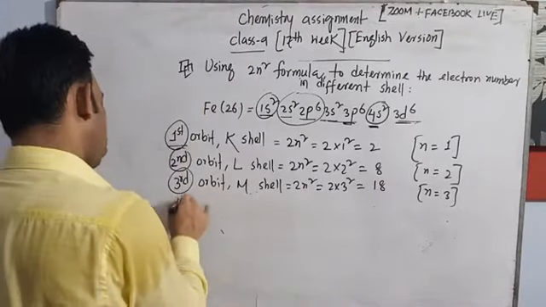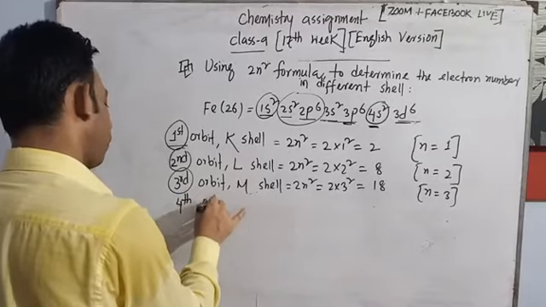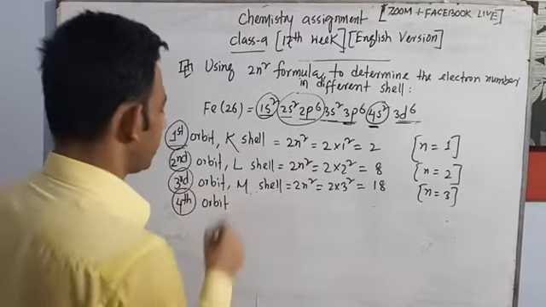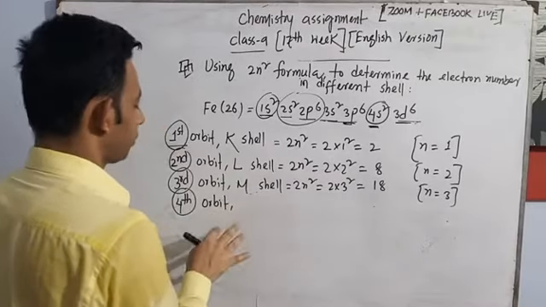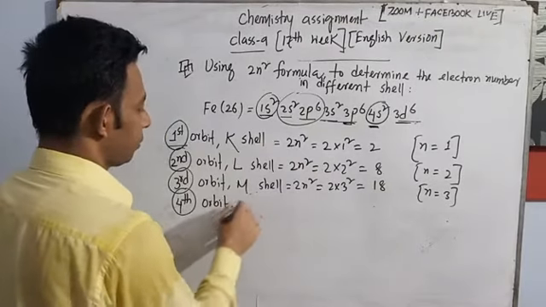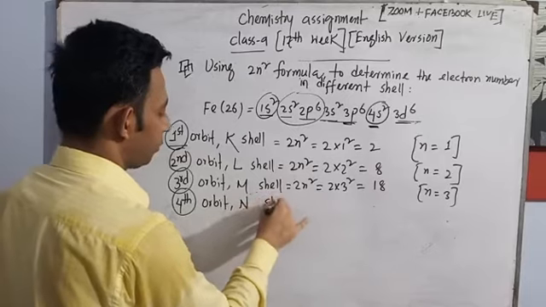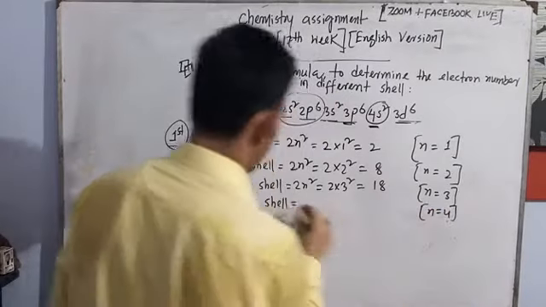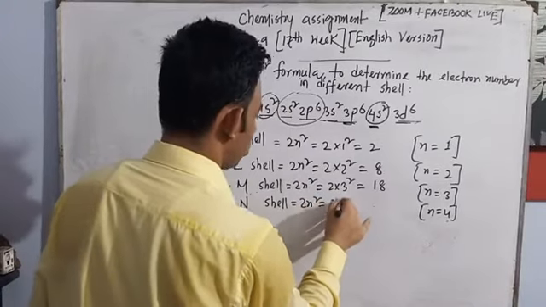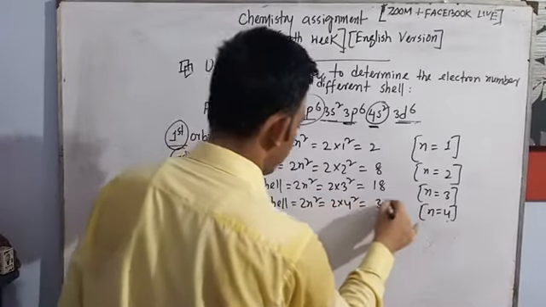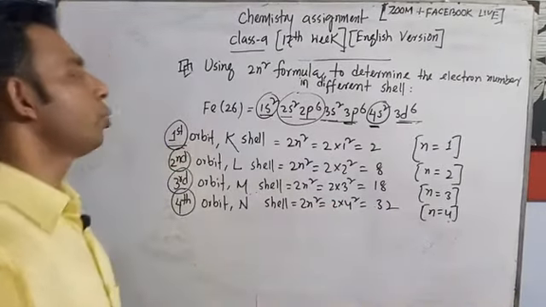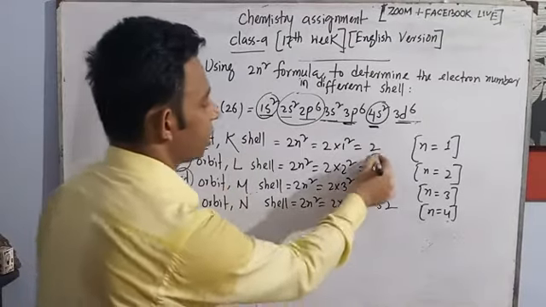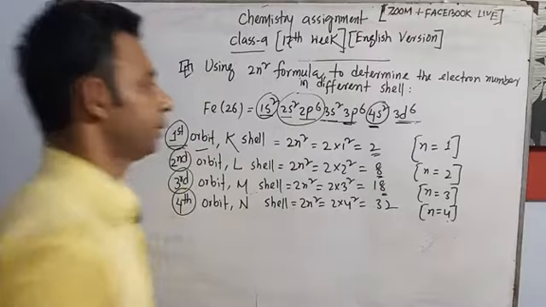Then fourth orbit, N shell. So value of n equal to 4. So 2n square, 2 into 4 square equal to 32 electrons. According to the 2n square formula, we can find out in each and every energy level how many electrons will be in there.